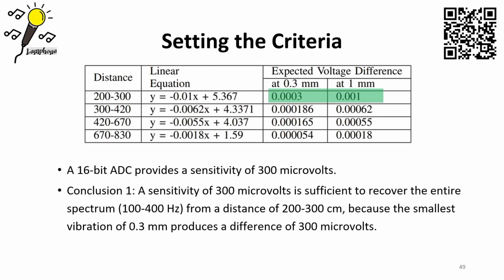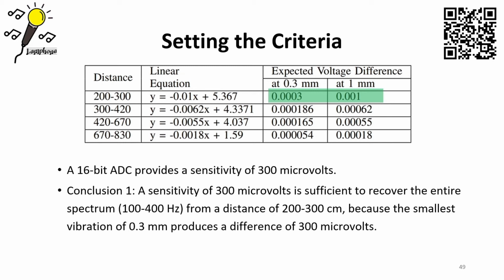Analyzing this fact with respect to the table, it means that a sensitivity of 300 microvolts is sufficient to recover the entire spectrum that was analyzed in this case from a distance of between 2 and 3 meters, because the smallest vibration of 300 microns basically produces a difference of 300 microvolts. So we can recover the entire spectrum from a distance of 2.5 meters, for example.